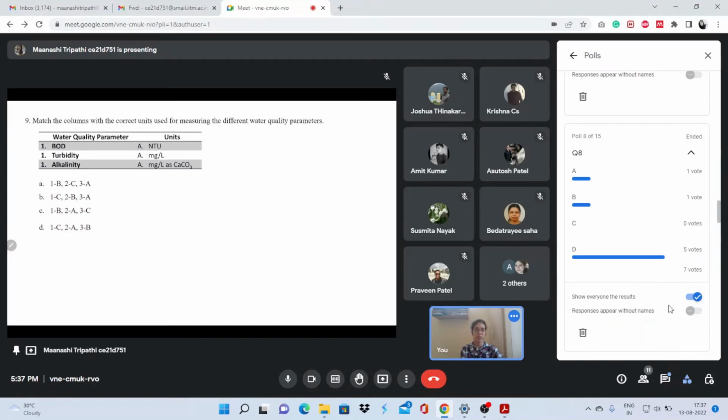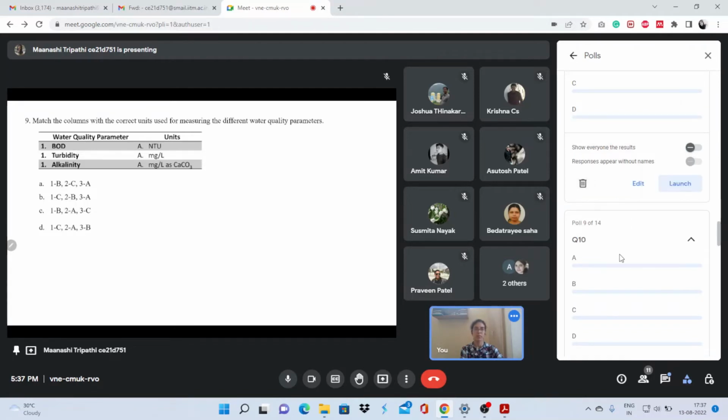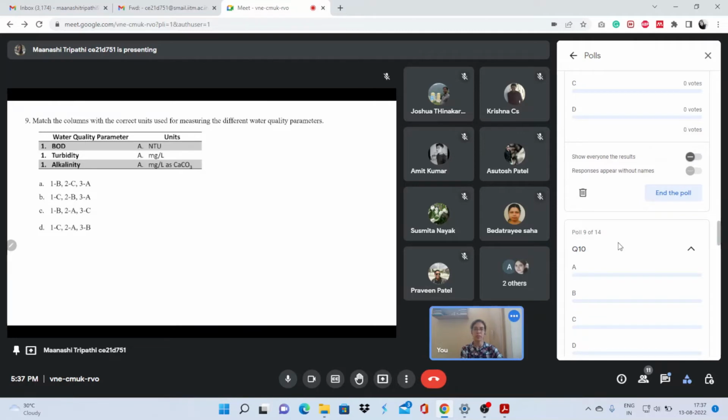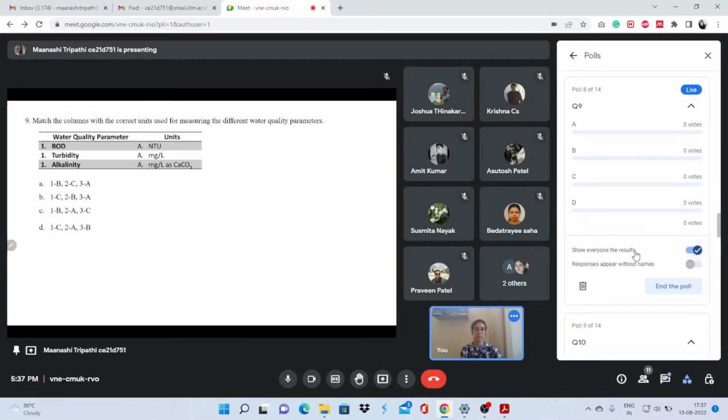This is question number 9, and this is the poll for question number 9. You can see the poll's result as well. So we need to match the following water quality parameters to their units.